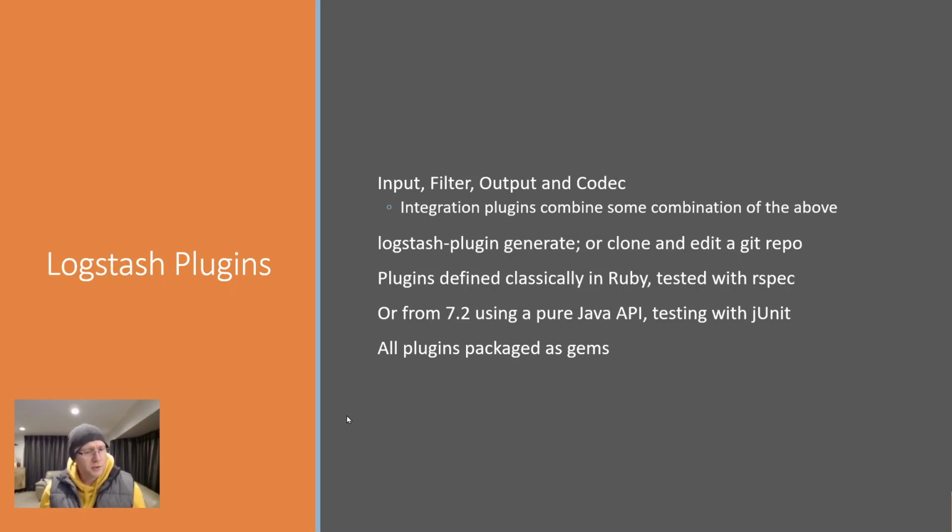Now, when we're dealing with plugins and thinking of, is this a Ruby plugin or is it a pure Java plugin, we're also considering the tooling that we have to use. So in Ruby, we need to have some unit testing, and that in Logstash is done using the RSpec tool.